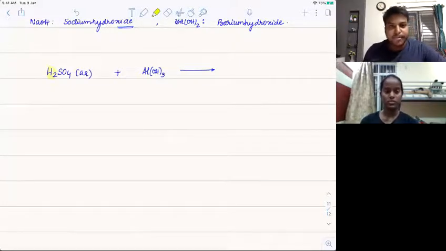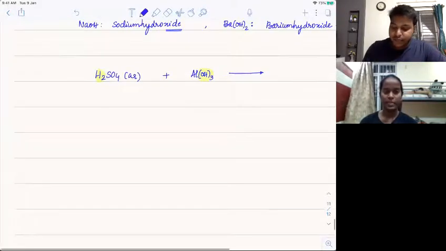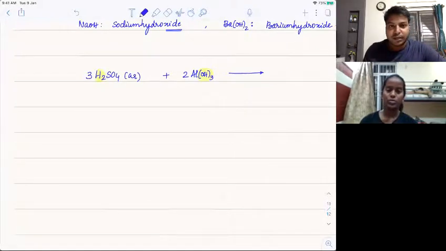I have two hydrogens here and three hydroxides. But the number of hydrogens and hydroxides given and taken must always be the same. So I multiply here by 3 and here by 2, and I get 6 hydrogens and 6 OH.